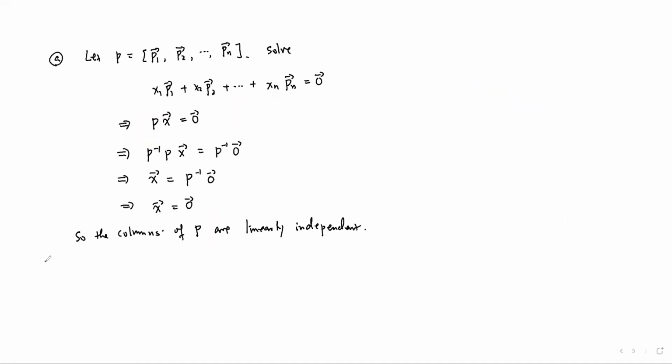Part B, proof. Start with this equation. Then we have the following equation. I move P inverse to the left side. How to move P inverse to the left side? Multiply the equation by P from the right side.